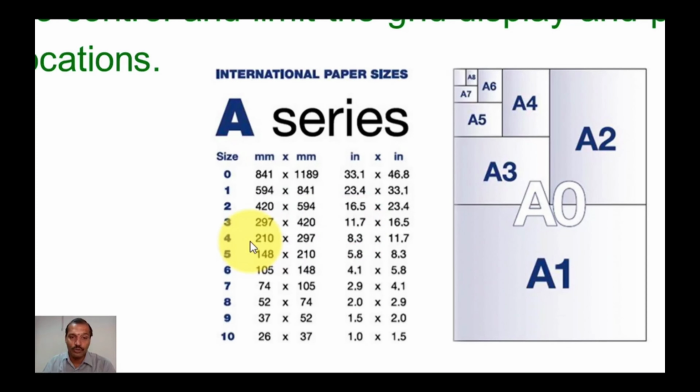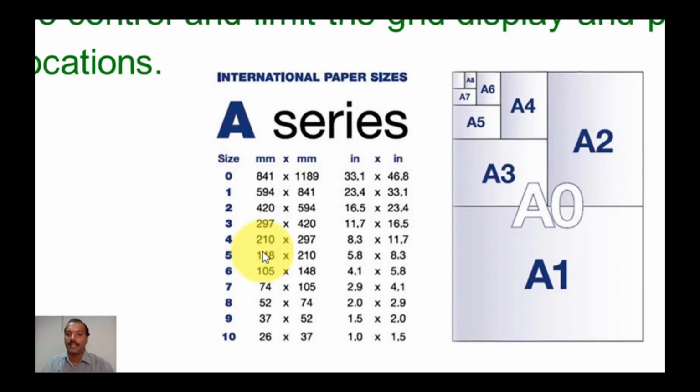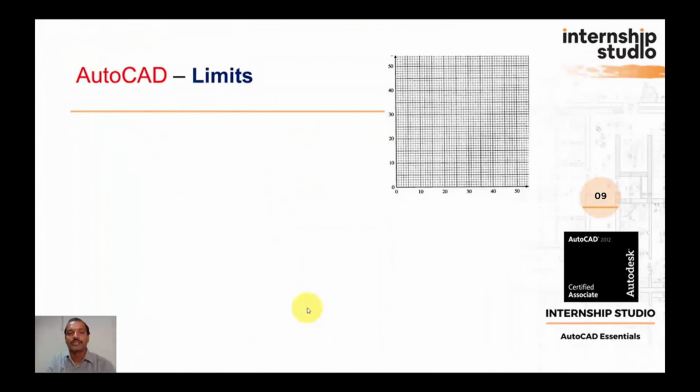Sometimes we may use A4 also, 210 by 297, which is 9 by 12 inches. So we need to choose whether we want A4 paper size or A3 paper size. Generally, we use A3 paper. So what do we have to do? We have to set our drawing area, whatever limit you need.